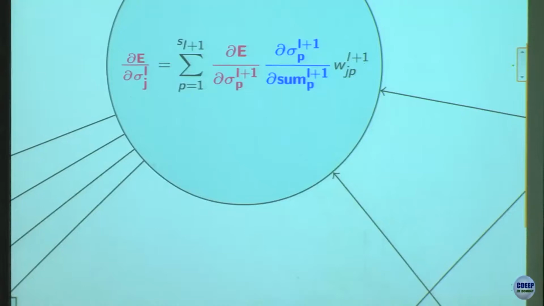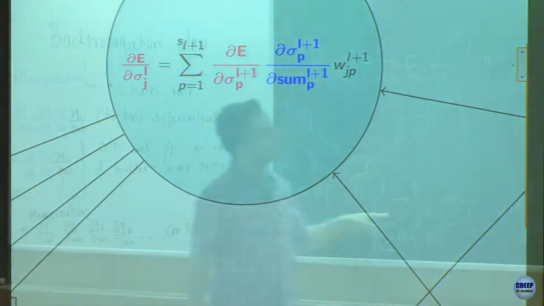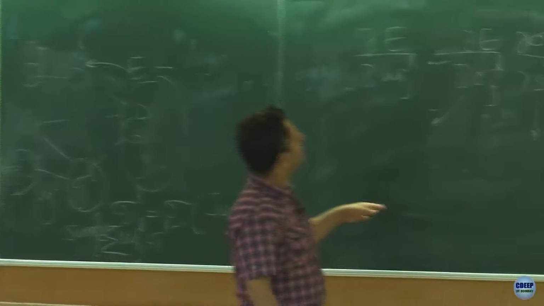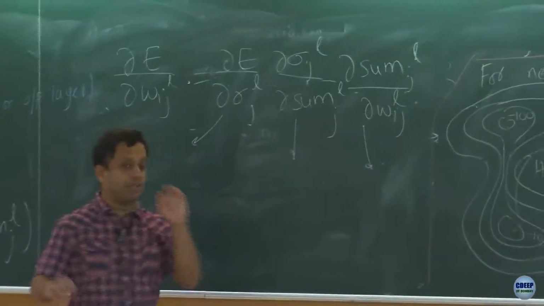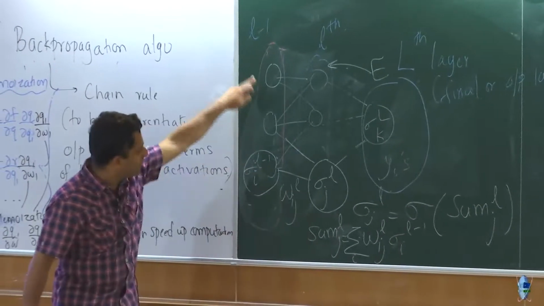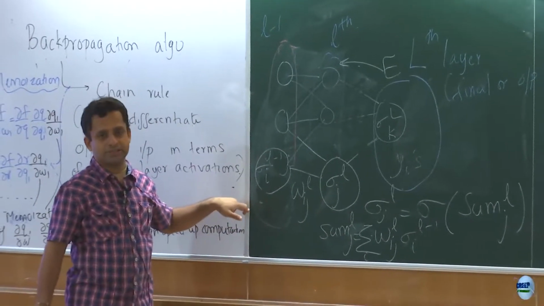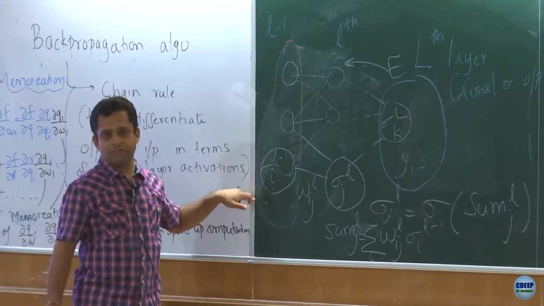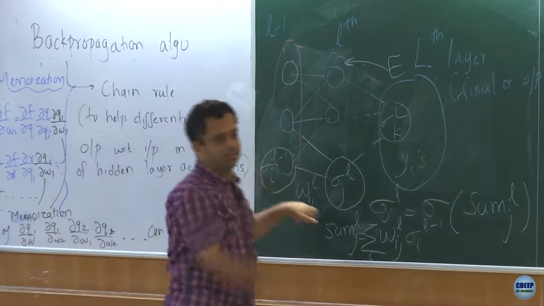I said that E depends on Wijl only through sigma JL, right? Because Wijl doesn't feed to any of the other sigmas. But the partial derivative of E with respect to sigma JL you have to compute a little carefully, because sigma JL itself depends on all the previous guys. So that might help you.